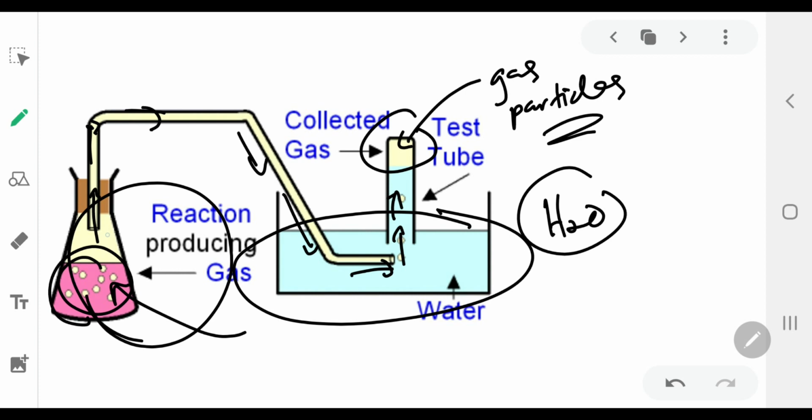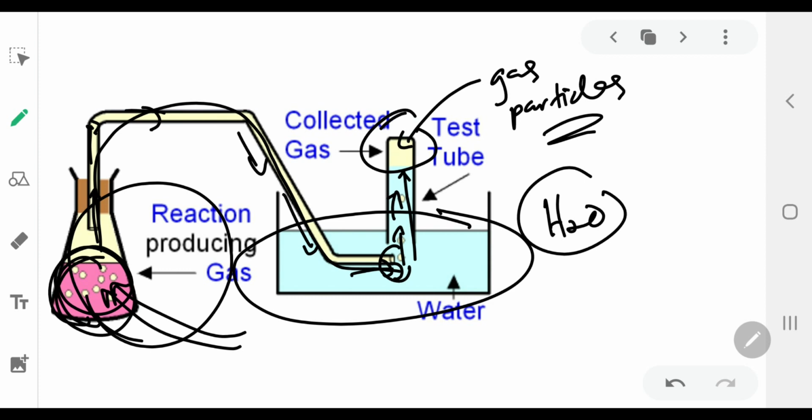Okay, so when the gas molecules being produced here travel along this tube and go out from that end, when the gas particles try to go up, they will start to push the H2O molecules along with them.